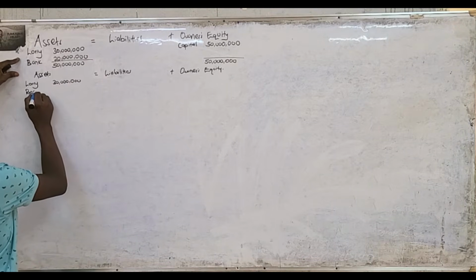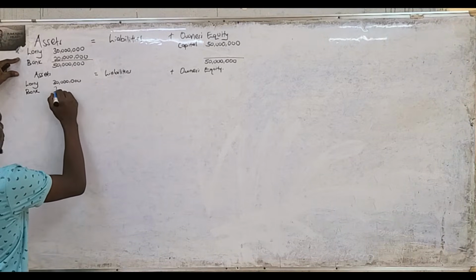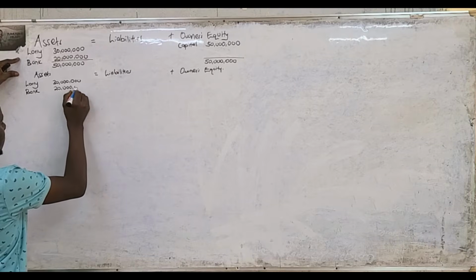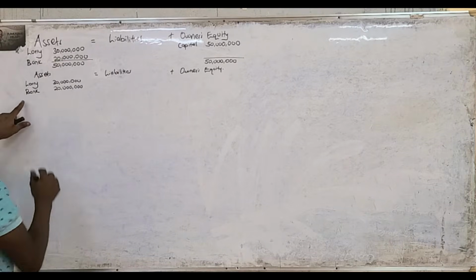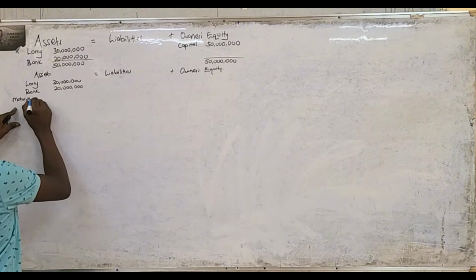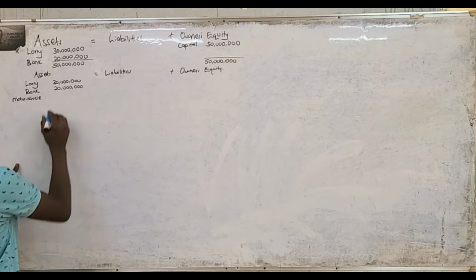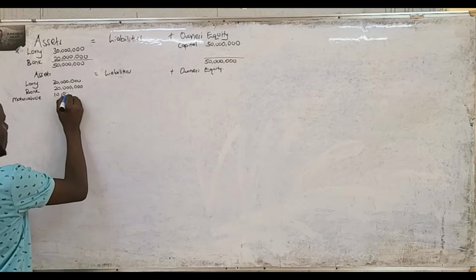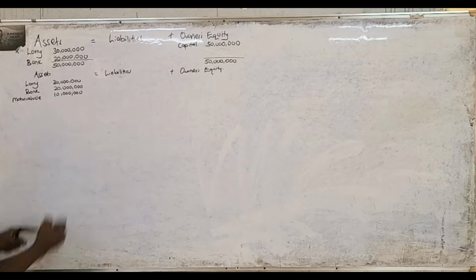Our cash at bank is 20 millions. Now, a motor vehicle is coming in. So you say motor vehicle, and it is worth 10 millions. Now, this is it.